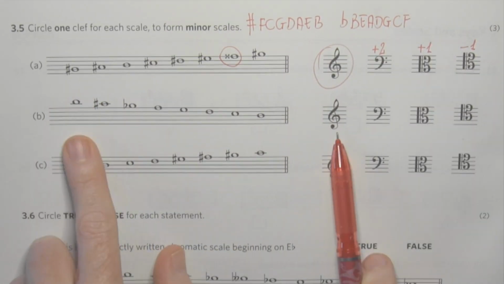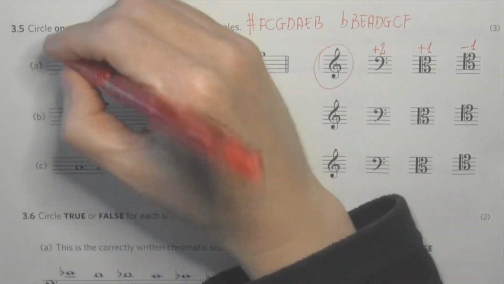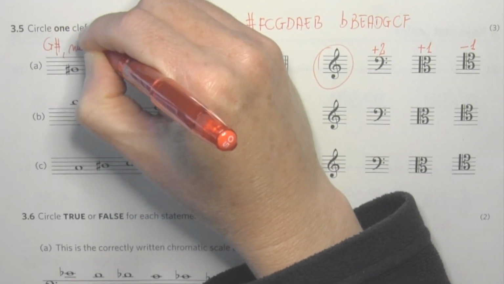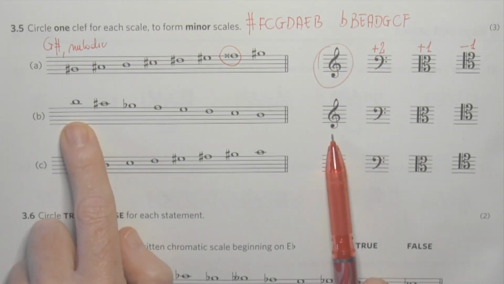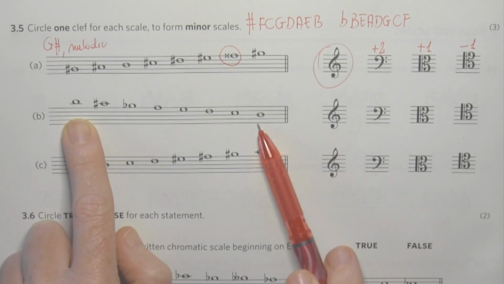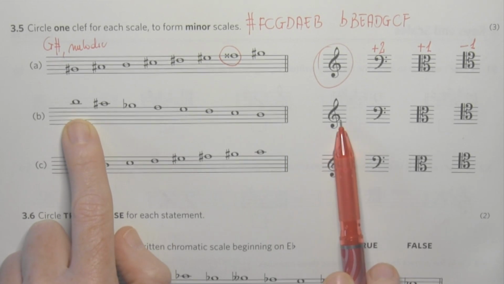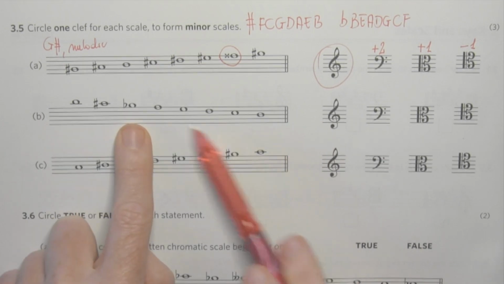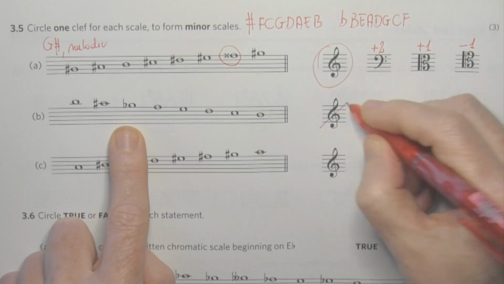Brilliant. In the treble clef, sorry, I forgot to say, this is G sharp melodic. Okay, in the treble clef, this note will be called B. B minor has flats. B minor is the relative minor of D major, and it has sharps, so this is incorrect.